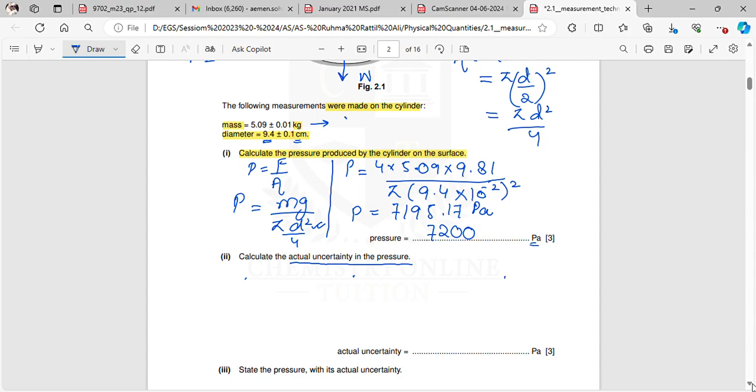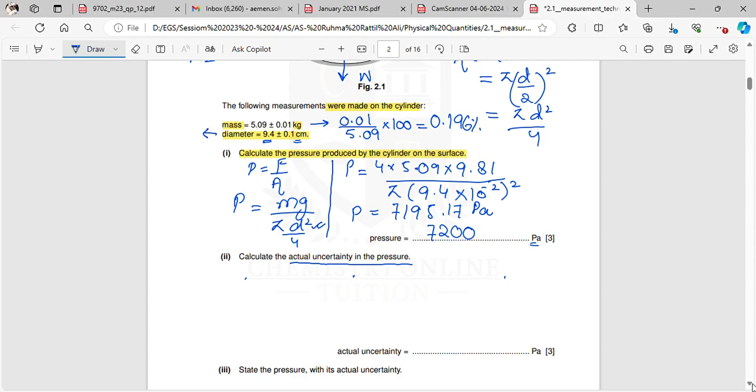So for mass, I'm going to do 0.01 divided by 5.09 into 100. When I do this, I'm getting 0.196%.